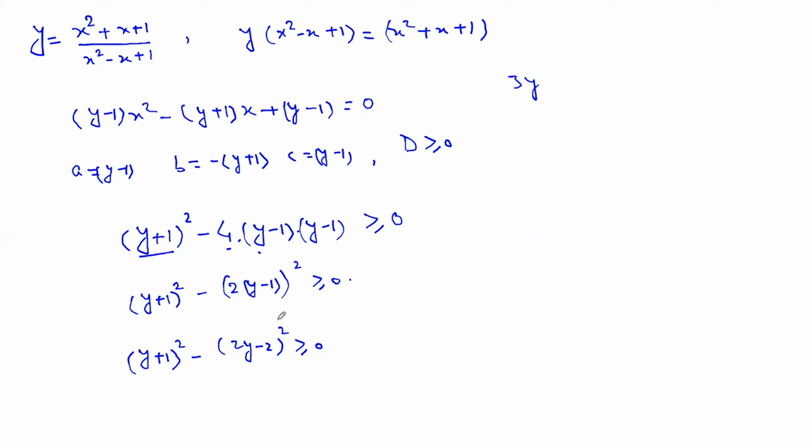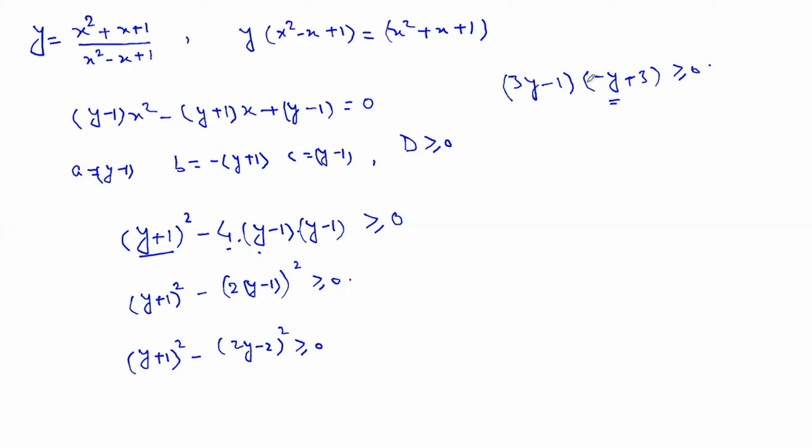Some of the roots: 3y minus 1, right? And if I'm writing y plus 1 minus of this, so minus y minus 1 minus 2 will be plus of 3, greater than equal to 0, right? So see, coefficient of y contains the minus sign, so we can do two things.